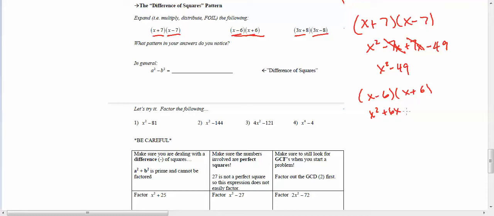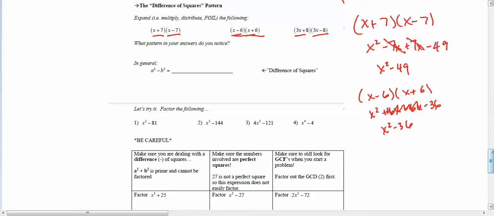What about the inners? Negative 6x. And what about the last? Which is also known as negative 36. Okay. In this particular case, this positive 6x cancels out with that negative 6x. So I'm left with x squared minus 36. Got it?